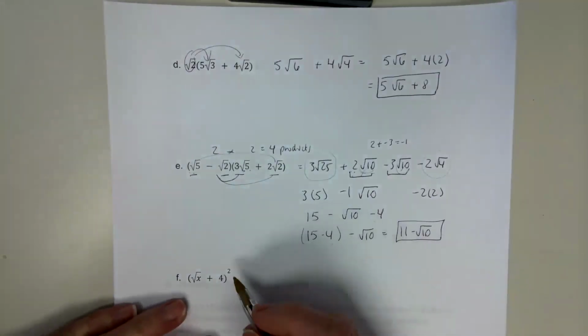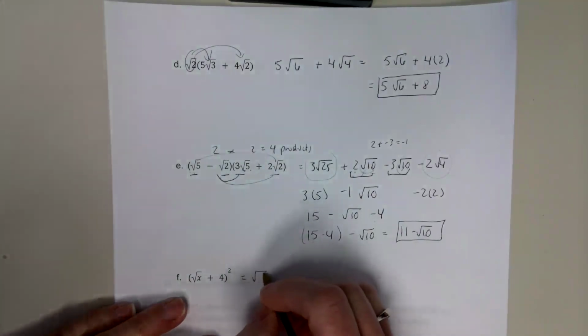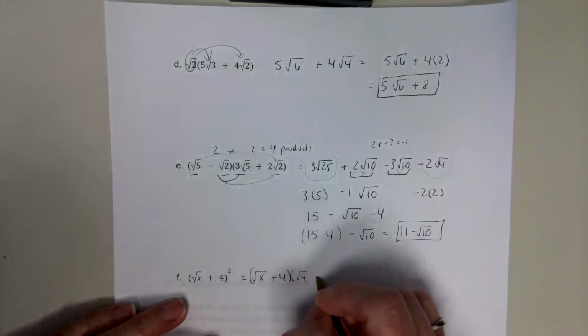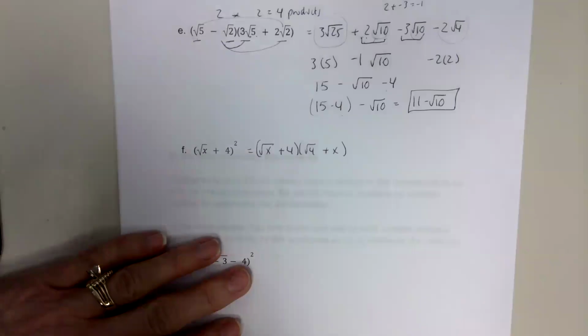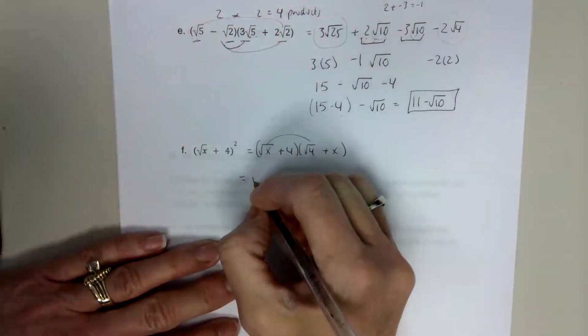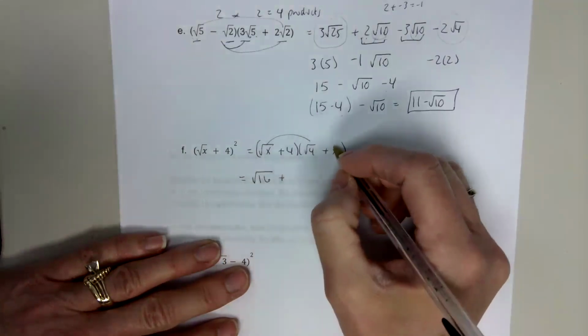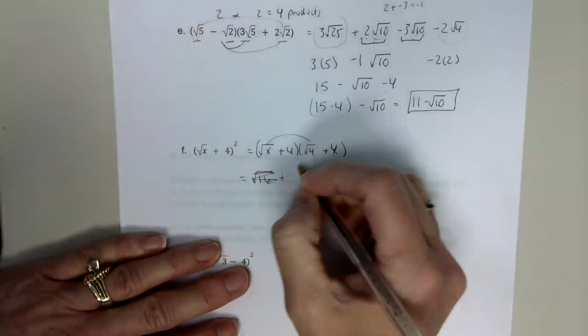Now, F is the square root of x plus 4, squared, which we really should expand and write out so that we remember that we have to use our FOIL. I wrote that incorrectly.